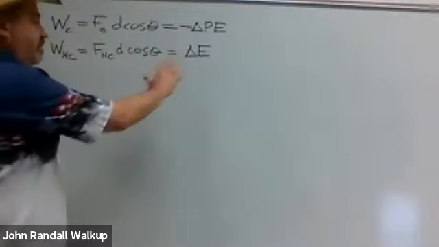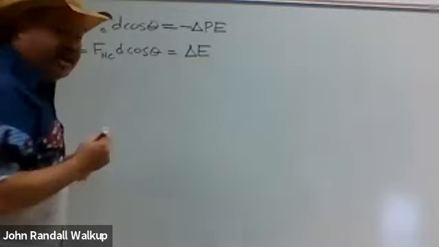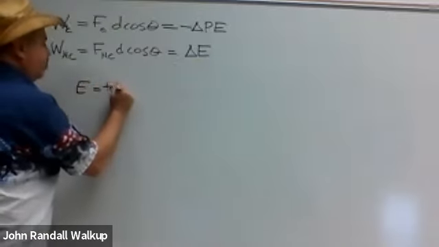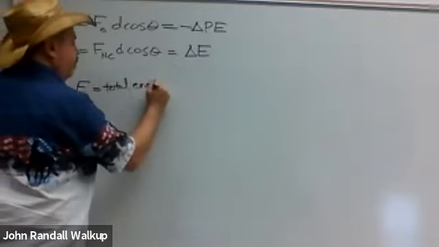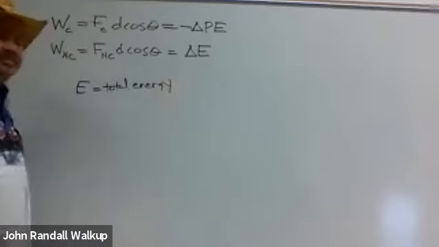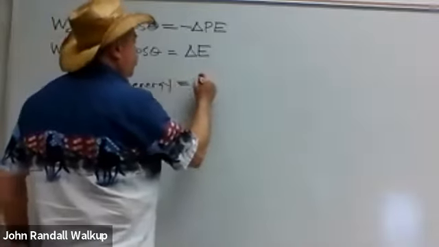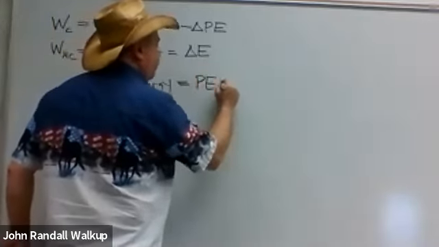So the first thing I'm going to explain is what we mean by E. Well, that one's actually simple. E is the total energy of the system. It's simply equal to the amount of potential energy in the system plus the amount of kinetic energy.